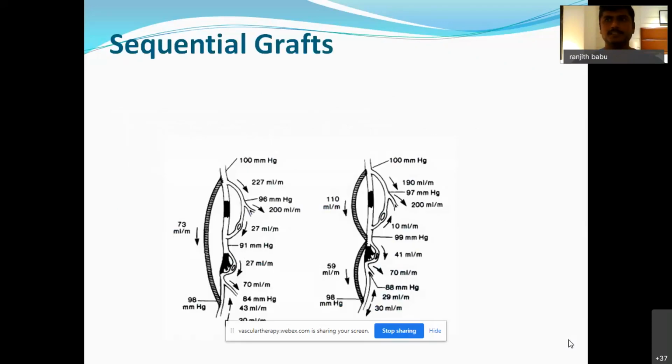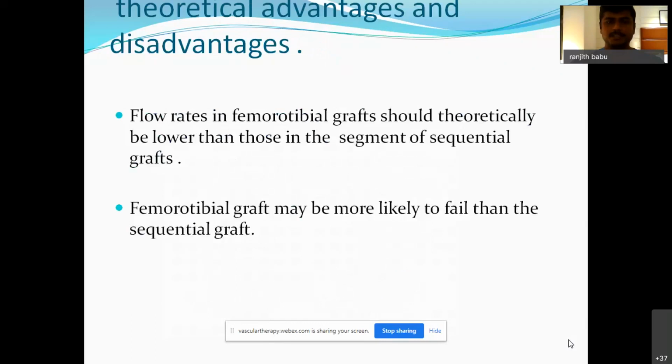The next thing is adding resistance in sequence. If a patient has both femoro-popliteal occlusions and tibial occlusions, we can offer a direct femoral to distal bypass or a femoral to popliteal bypass as a sequential bypass. Which one will be better? According to the theoretical hemodynamic theories, there are advantages and disadvantages for both.